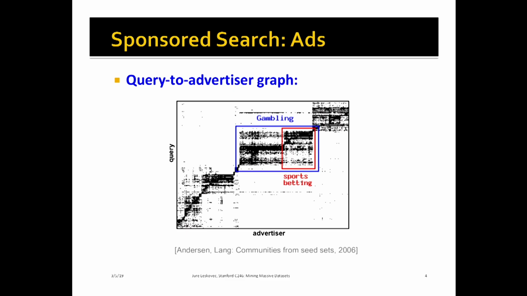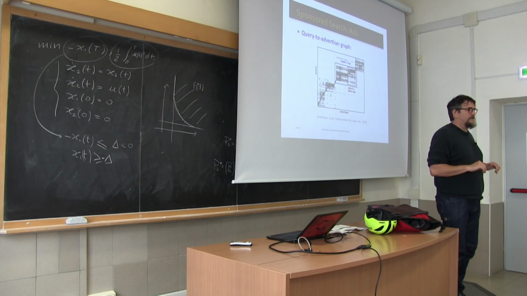First of all, what is the idea here? In this picture you see something. Assume that you have a given query on a search engine, and you probably know that you have the sponsored links, right? What are those sponsored links?